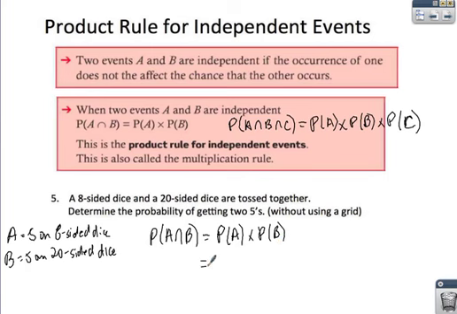So it's logical that they are independent, so we can use the product rule for independent events. The probability of rolling a 5 on the 8-sided dice is 1 out of 8, and the probability of rolling a 5 on the 20-sided dice is 1 out of 20, for a combined probability of 1 over 160. Again, really important to stress here is that you can only use this product rule if you know for sure that the events are independent.